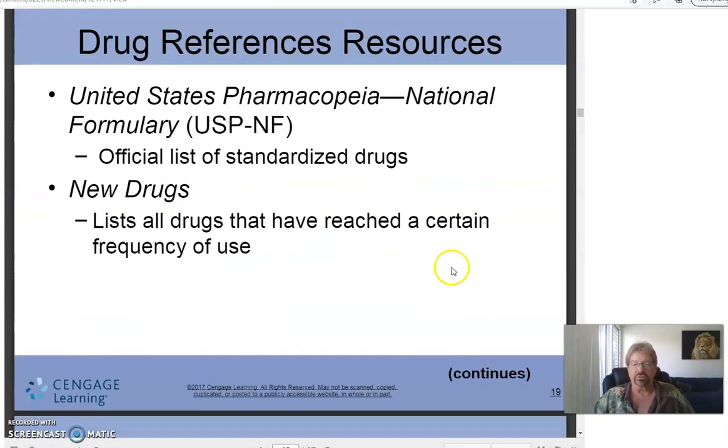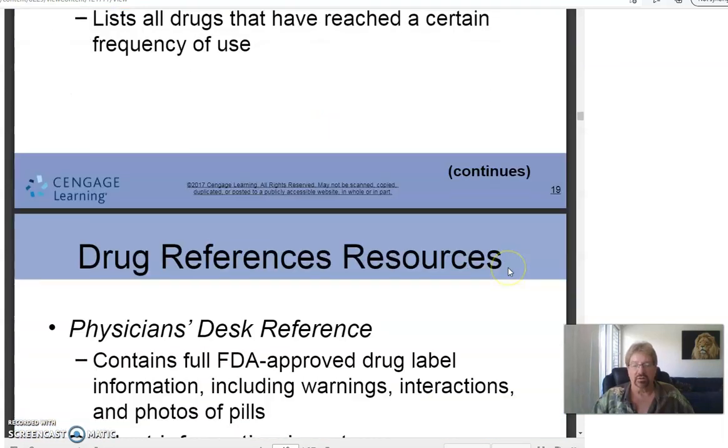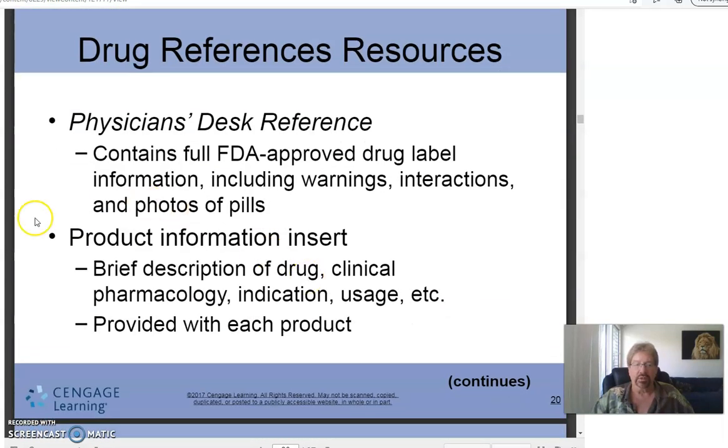Drug reference resources. Guys, there are many, many drugs out there. There's a lot to know. It is tremendous. The United States Pharmacopoeia, National Formulary, and New Drugs list all drugs that have reached a certain frequency of use. It is the official list of standardized drugs. Though the one I'm most familiar with is the Physician's Desk Reference. Nowadays it's on computer. Years ago they actually had the book, and it's about that thick.